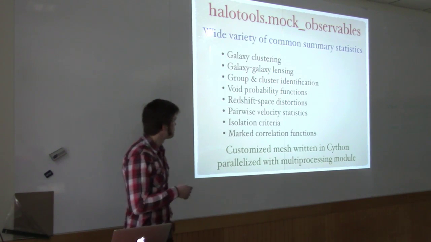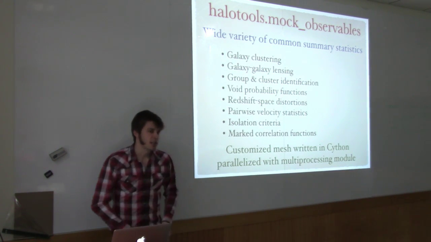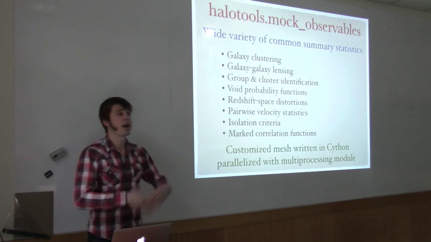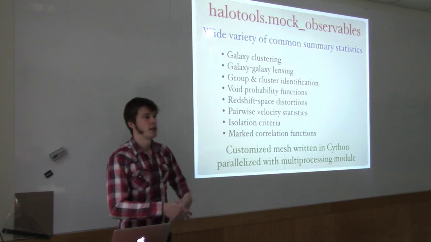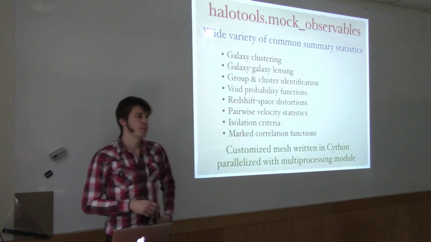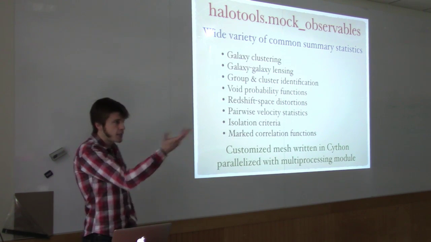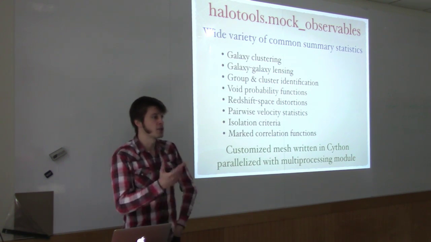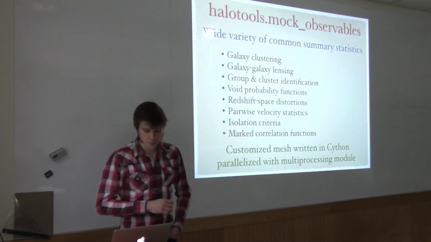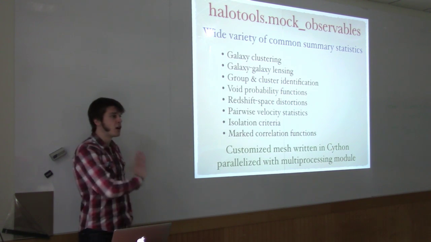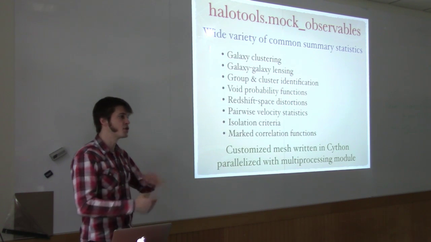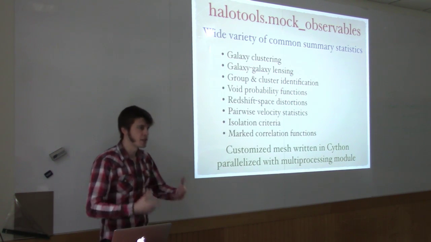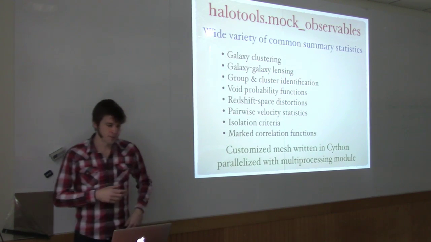And the mock observables package allows you to ask, well, what are the pairwise velocity statistics of central galaxies as identified by, say, my favorite friends-of-friends group finder? And how does that compare to the exact same statistic that I can measure from, say, the SDSS main galaxy sample? So there's a very large number of convenience functions for being able to perform these super common calculations in this field of the galaxy halo connection.